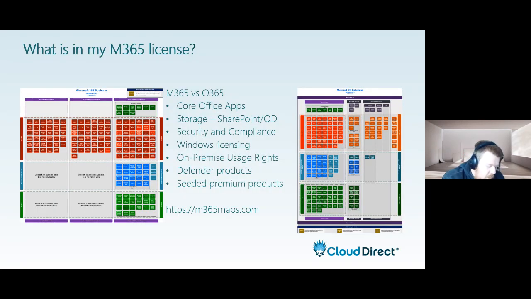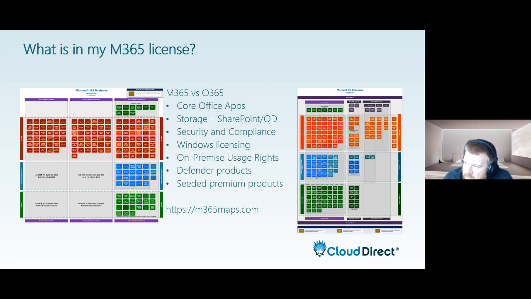Moving on to what is in the Microsoft 365 licenses. Obviously, we've got the core Office apps which get licensed, whether they be the web version or the desktop version, depending on the license that's been procured, particularly in the business SKUs. Unless you go up to Business Premium, you don't get access to the desktop applications, so that's something to bear in mind.